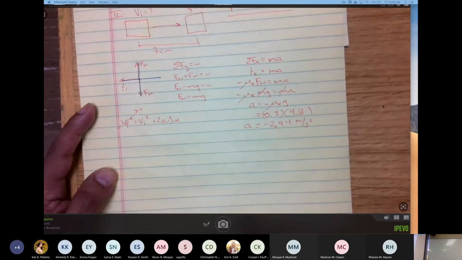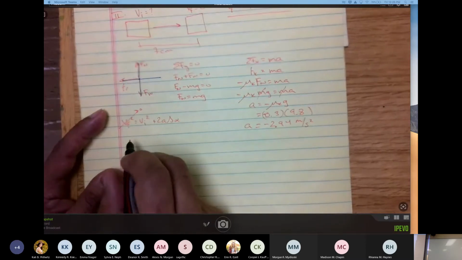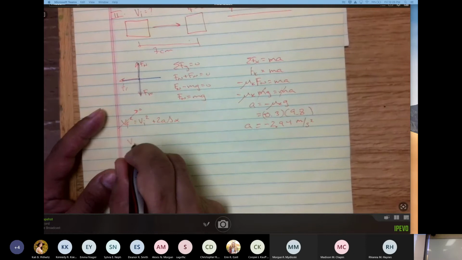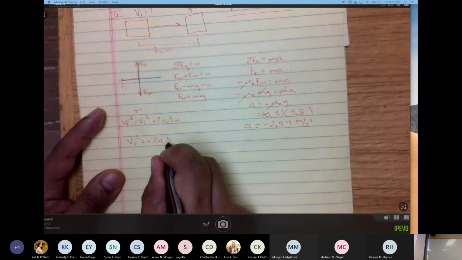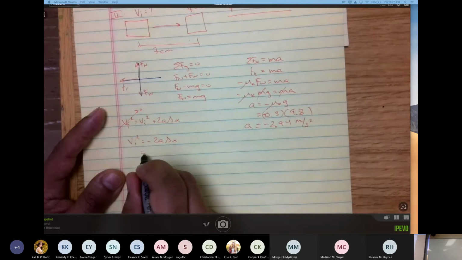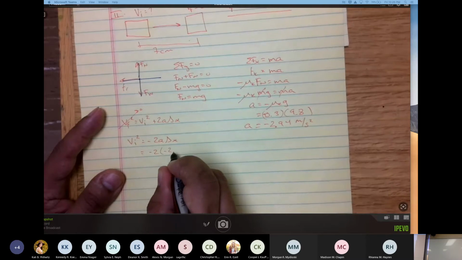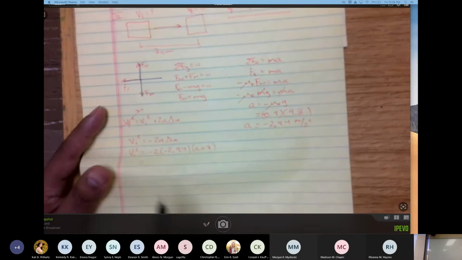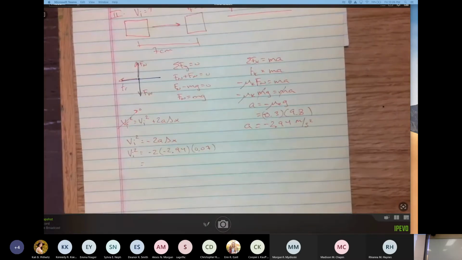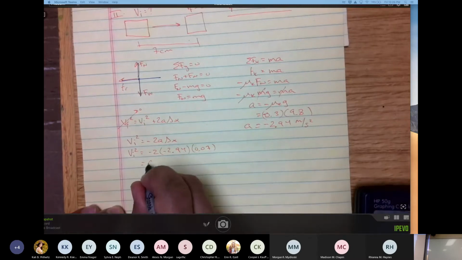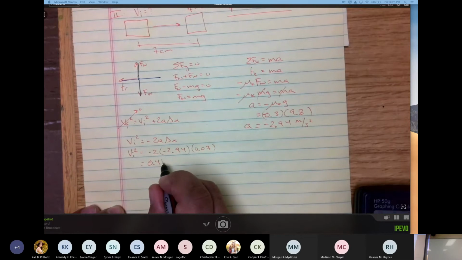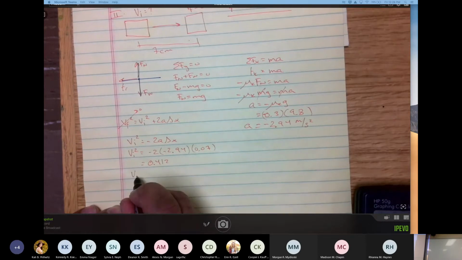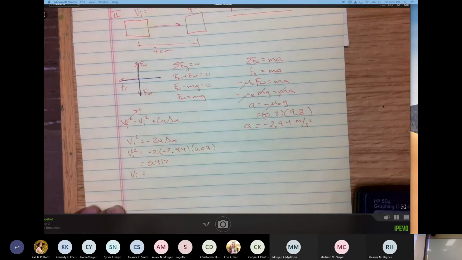So vi squared equals minus 2a delta x, minus 2 times minus 2.94 times 0.07. So this gives me 0.42, and the square root of that will be 0.64 meters per second.